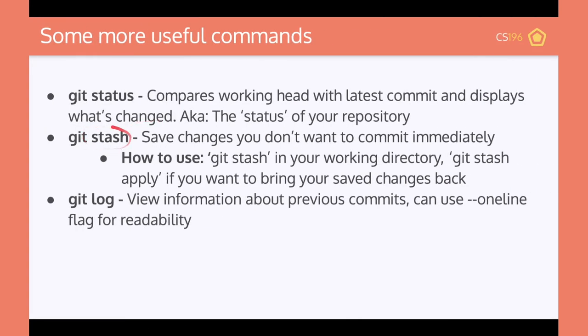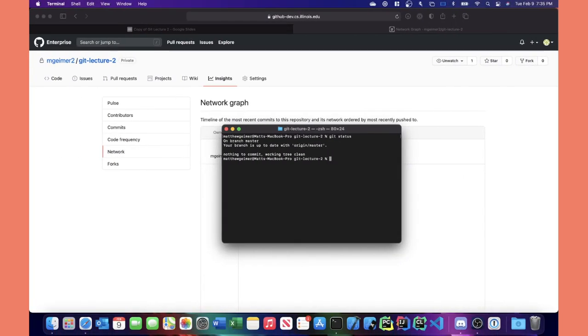Then the next command is git stash. A really good example of this is if you tried something, it didn't really work, but you want to come back to it in case you think it'll work later on, but you're not sure. Let's go to our README again. Let's say I wanted to change this to a singular strawberry, but I wasn't sure whether I wanted 2 or more. What I could do is git stash.